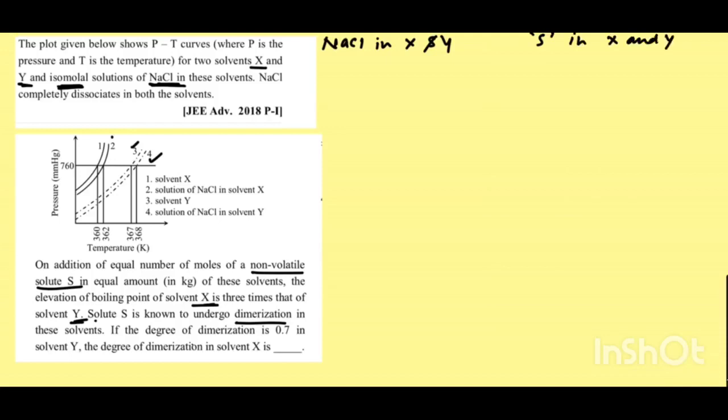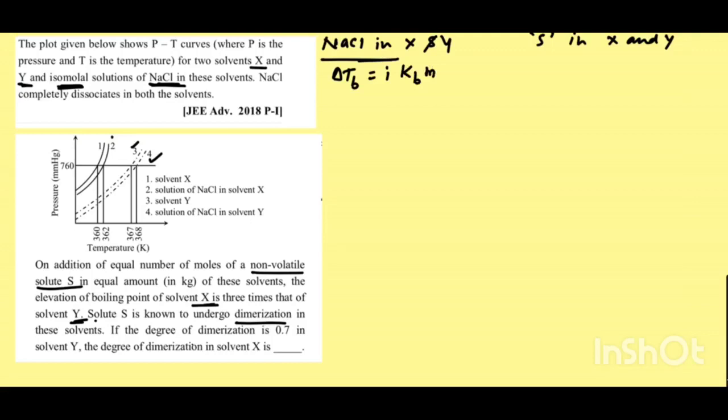Now NaCl, we all know, will undergo dissociation. So I will write the elevation in boiling point expression for NaCl on the basis of dissociation. We know that delta Tb is equal to i Kb m.